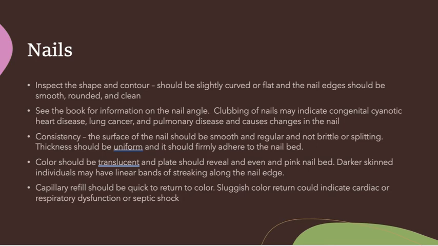The color should be translucent, the plate should reveal the translucency, and it should be even and should have a pink nail bed. Sometimes in darker skinned individuals you will have linear bands of streaking along the nail edge, and this is not an abnormal finding. There are some pictures of that in your book that you can take a look at.